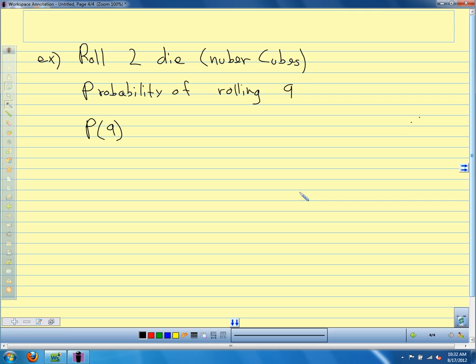So we want to calculate the probability of 9. We did some work yesterday that's going to help us out here. For our number of possible outcomes, how many outcomes did we have for 2 die? The grid on the back of our sheet? 36. We had 6 this way and 6 this way. When we filled out our grid, we had 36 numbers in it. 6 times 6 is 36.